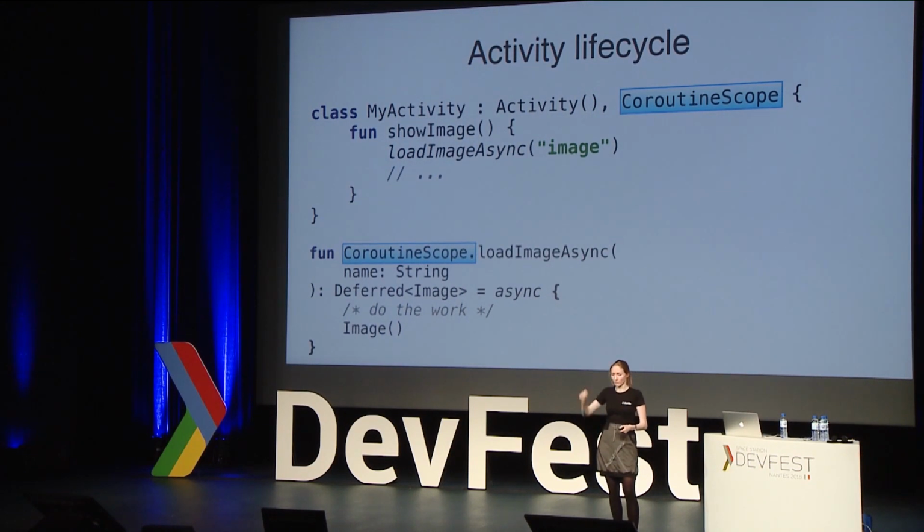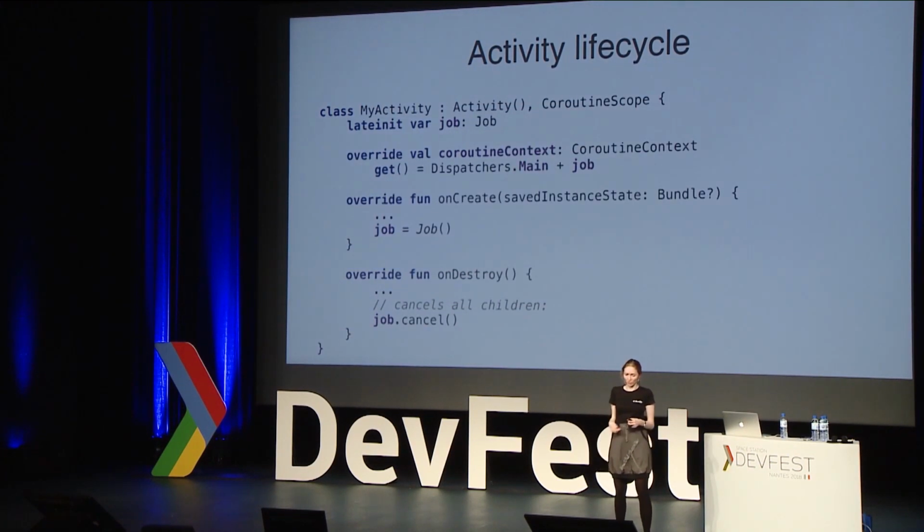They will be automatically bound to this coroutine context because you override the coroutine context here. And when your activity is destroyed, by calling job cancel, you simply cancel all the children coroutines. That's the main idea of how to control your children coroutines from your application.